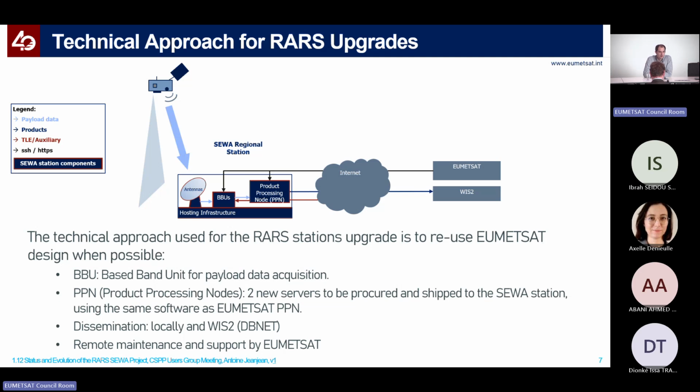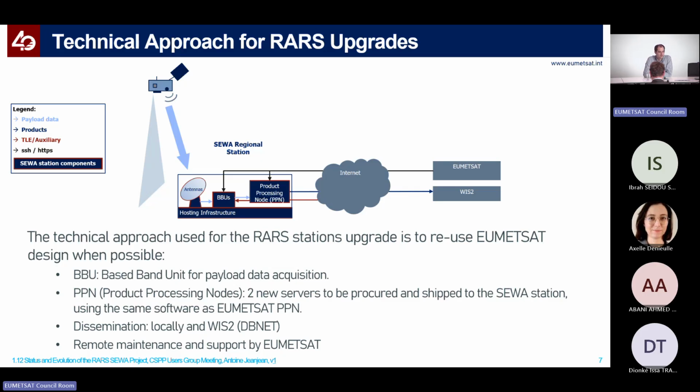The technical approach to be used for the upgrade of the RAS stations is, you are probably very familiar with this diagram from this morning. The idea is to reuse EUMETSAT knowledge and design when possible. The BBU, baseband unit for payload data acquisition, we don't know yet which model it will be, but they will be replaced.